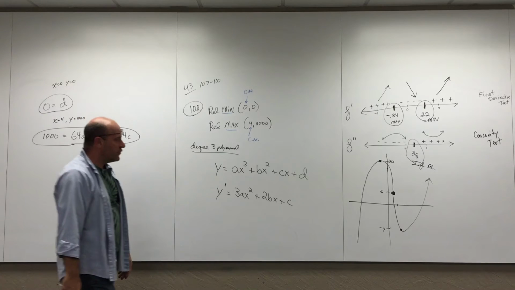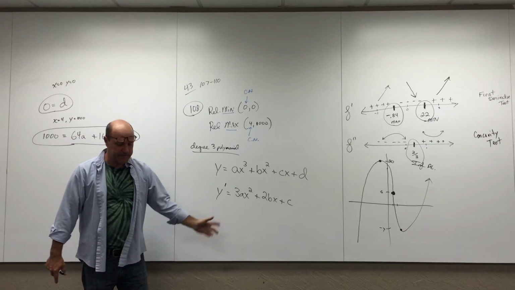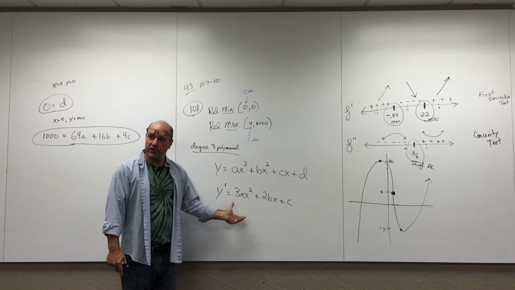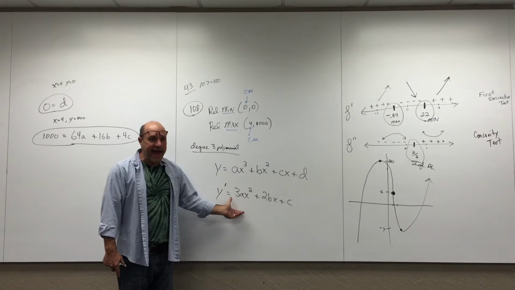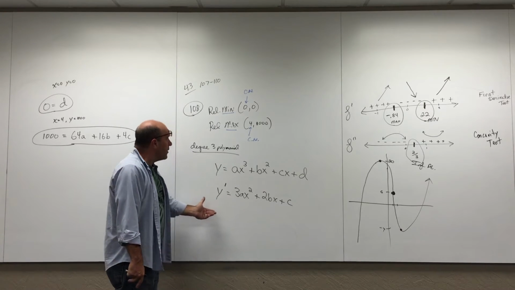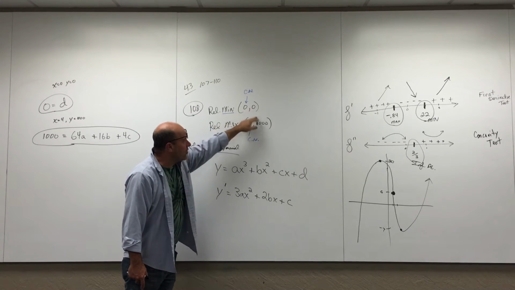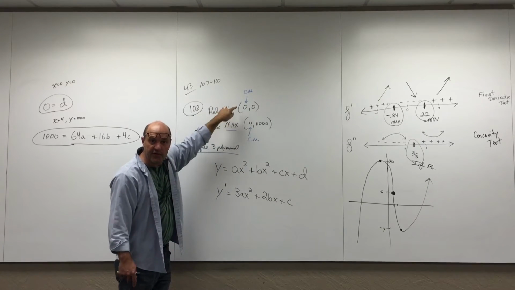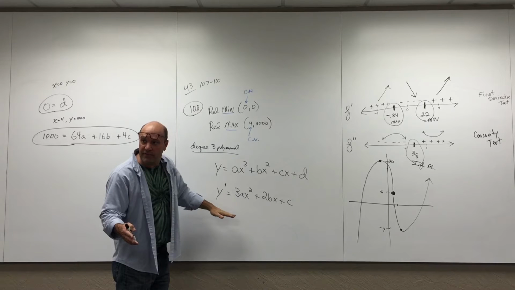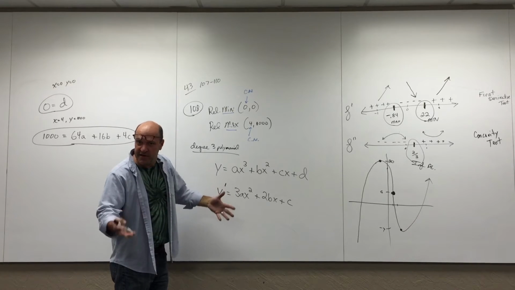What does a critical number do to the derivative? It makes it 0. So now I can plug these x values, ignoring the y values since I already used those, into the derivative, and I know that the derivative will be 0.